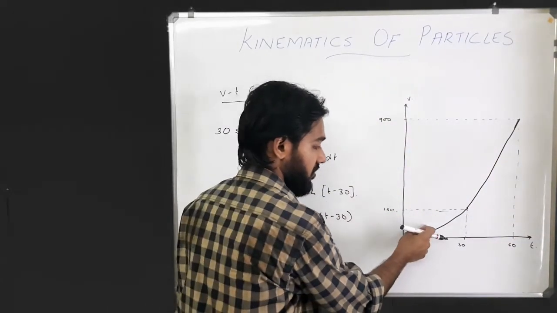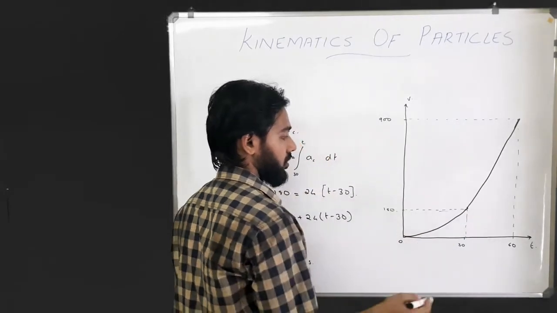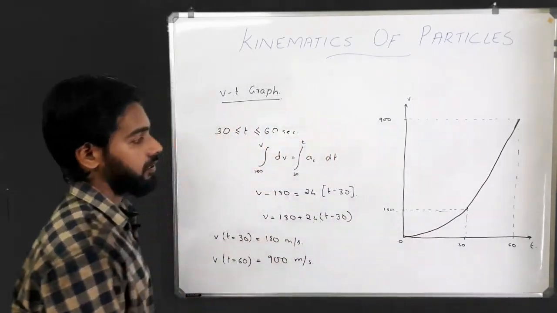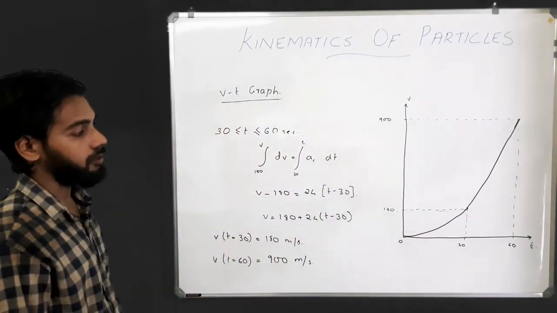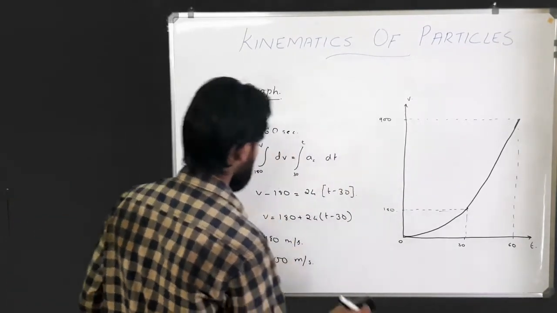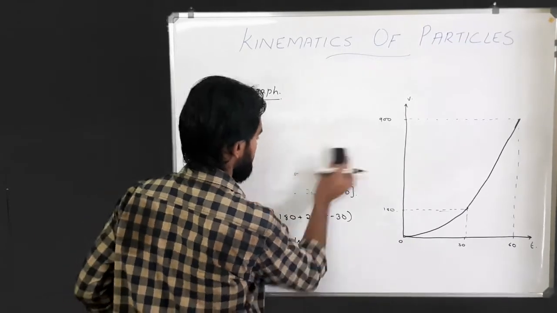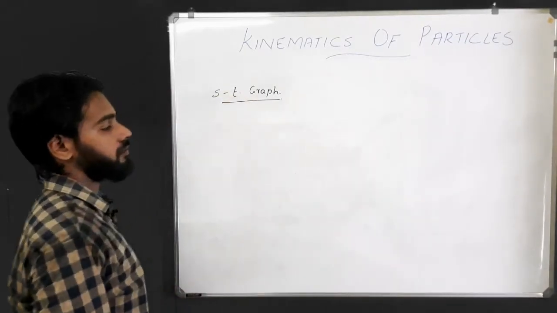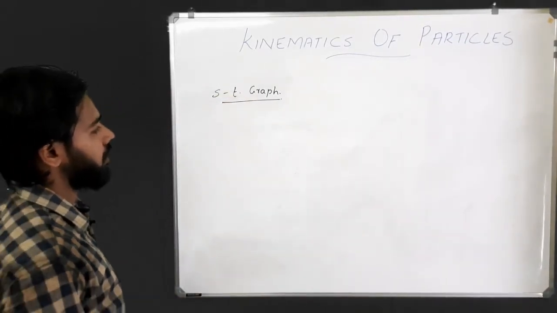So this is a curve, this is a straight line. This is the corresponding plot between V and T. Now moving on to the next, the ST graph.